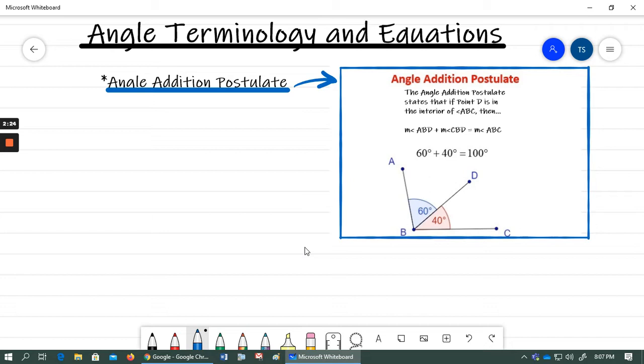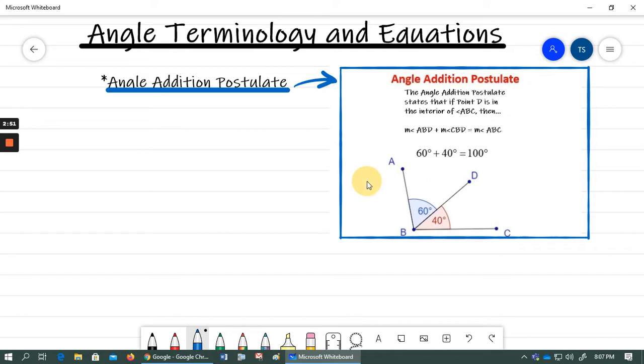All right. So guys, the angle addition postulate states that if point D is in the interior of angle ABC. You see this diagram, we've got an angle ABC, and you see where point D is somewhere in the interior of that angle.